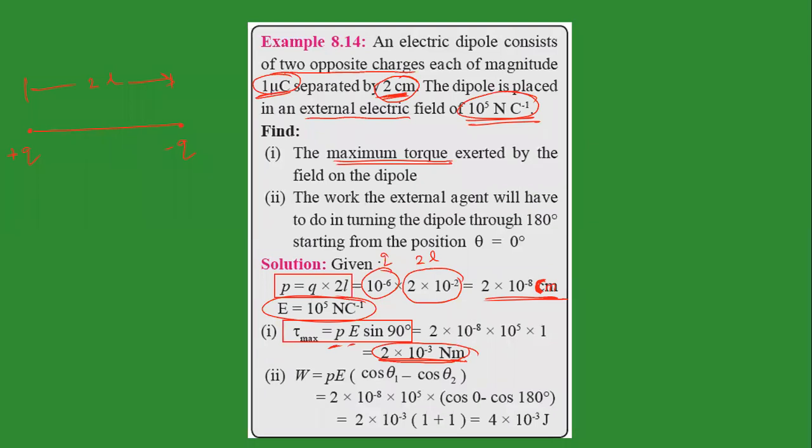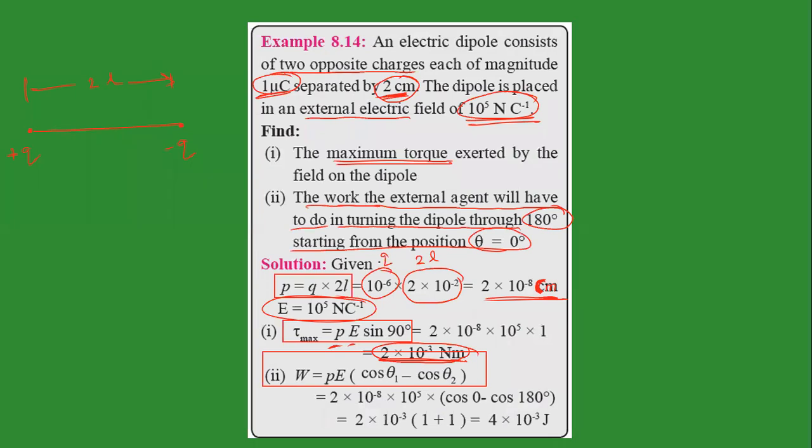Now the second point: the work the external agent will have to do in turning the dipole through 180 degrees, starting from the 0 degree position. That work done we have to find out.